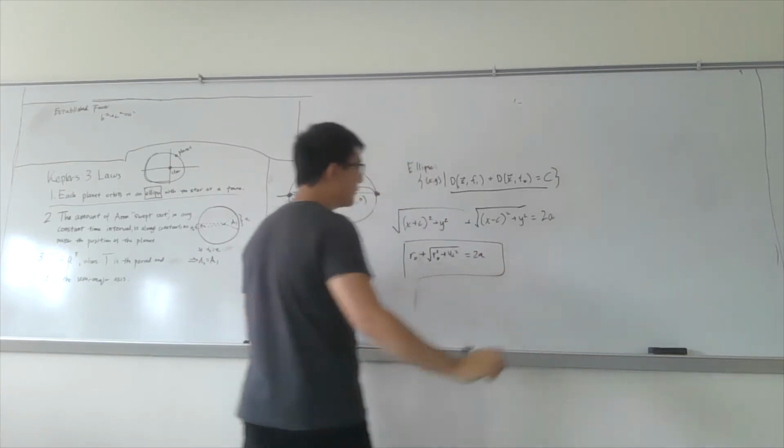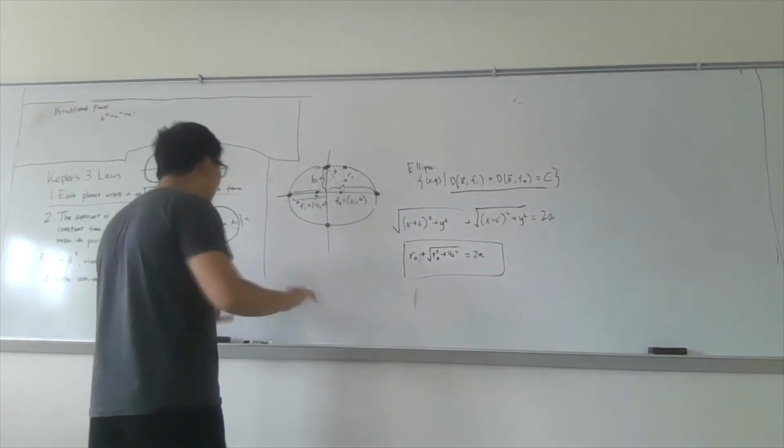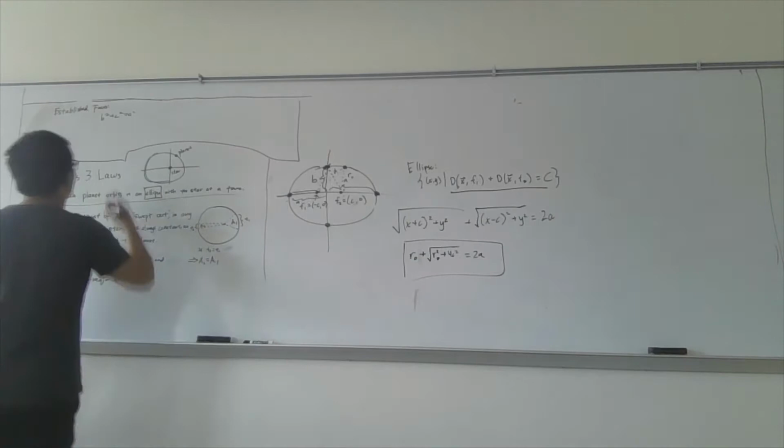We're not going to be using it in this form, but I'll also leave it at that because we have to introduce some other quantities to rewrite it so that it's nice.